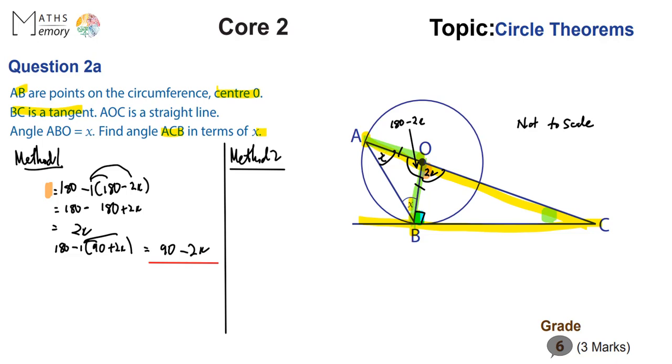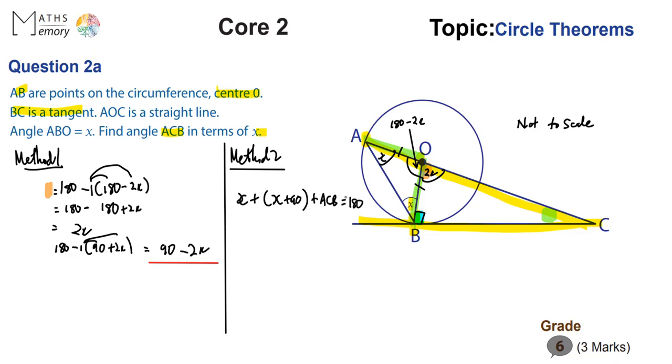Angle OAB is going to be x degrees, because this is an isosceles triangle. Angle ABC would be x plus 90, because when radius meets tangent, this angle is 90 degrees. And we're left with C, let's call it ACB to make it more technical.